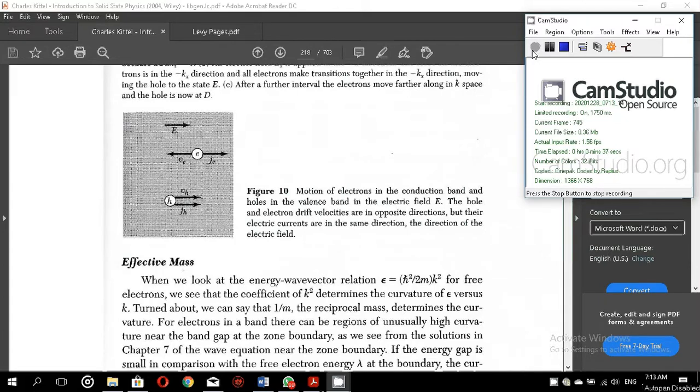Now, what is the effective mass? You know that when the electron is in just one atom, or when the electron is free, its mass is called the normal mass of the electron.